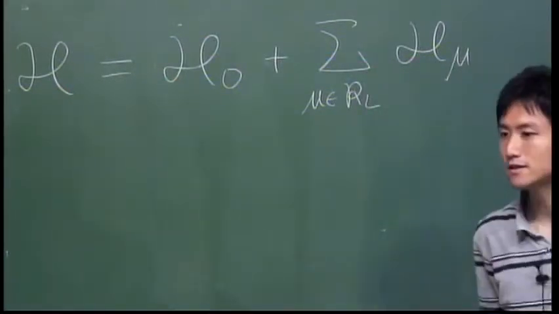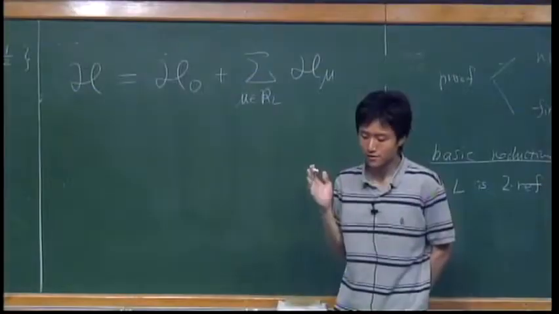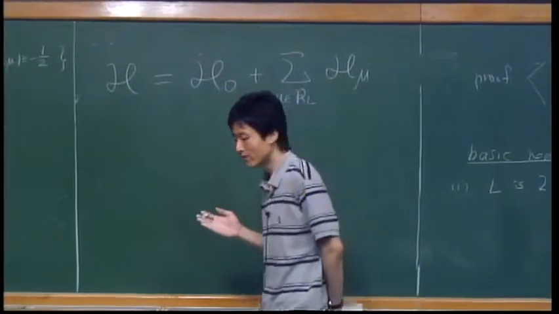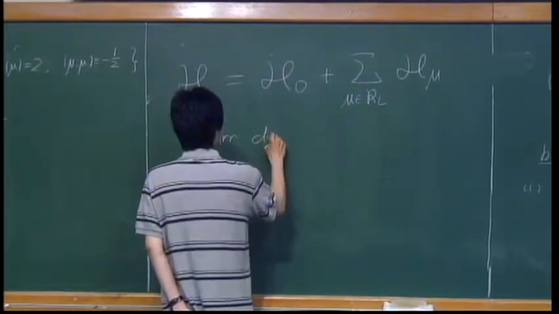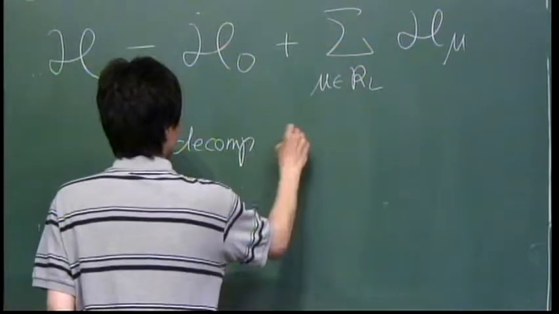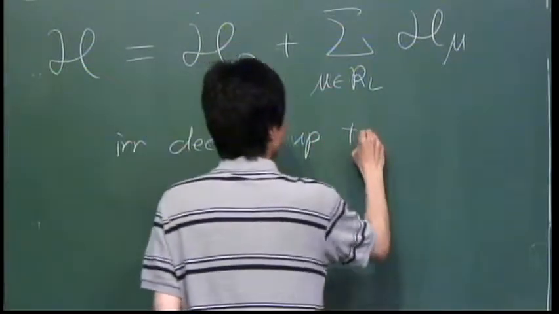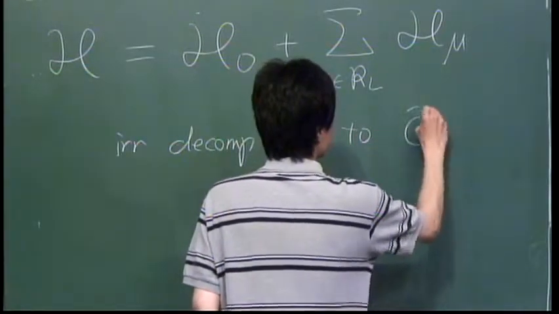And this is essentially an irreducible decomposition at the level of modular forms, up to the action of the modular group.